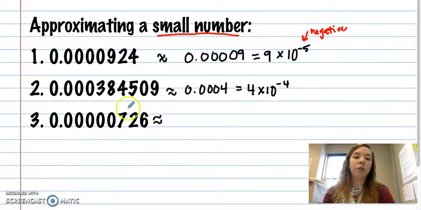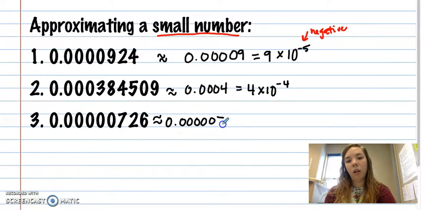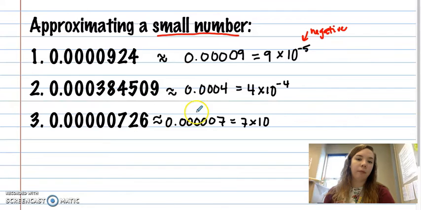After the 7 is a 2, so it's going to stay the same, not round up. So I have 1, 2, 3, 4, 5 to the 7. So that'd be 7 times 10 to the -6. We have 6 digits before our 7.